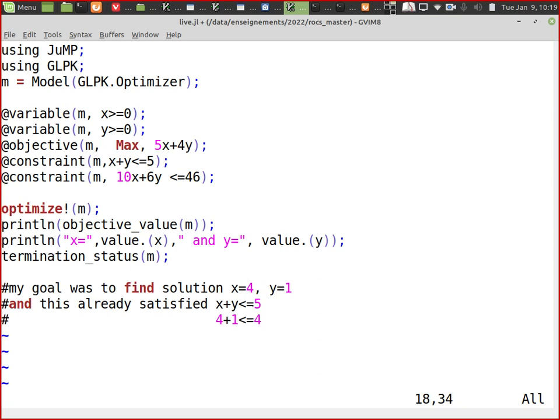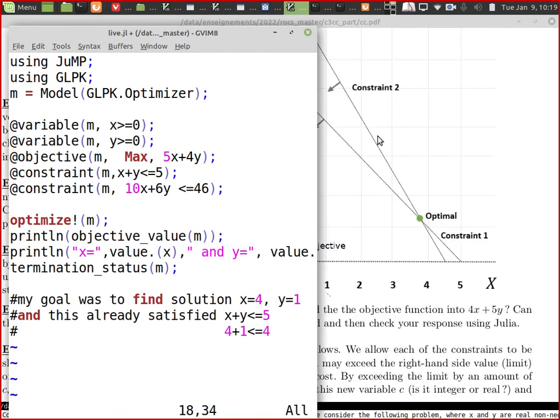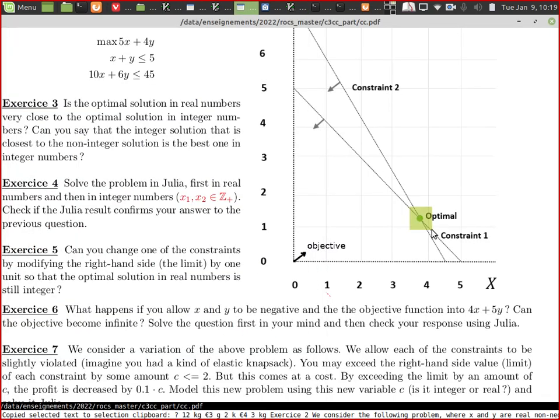This is already satisfied. The first constraint is satisfied by this point. This is the point I'm speaking about. x 4, y 1.